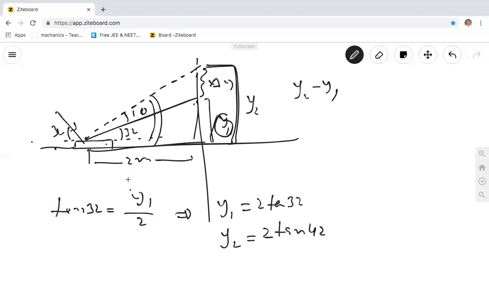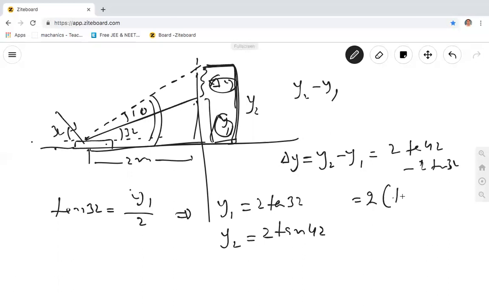From there you get y2. So y2 minus y1 is what you have to find, delta y. That is 2 tan 42 minus 2 tan 32, that is 2 times tan 42 minus tan 32.